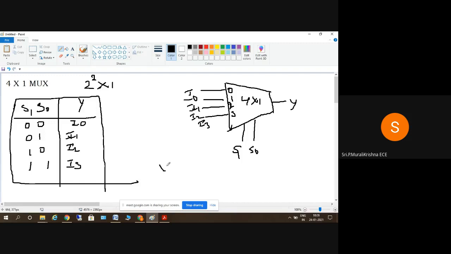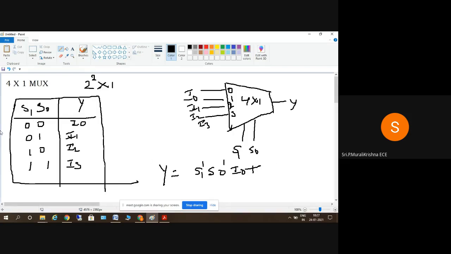Now the equation. So the equation will be like this. Y is equal to S1 bar, S0 bar, I0, plus, just add all those terms, right? 0 for the bar and 1 for the normal term here.